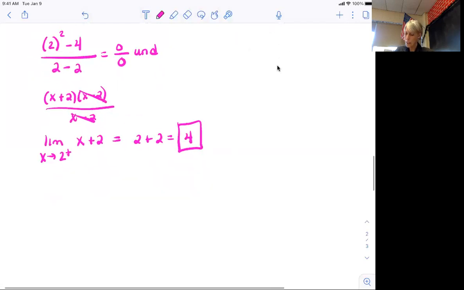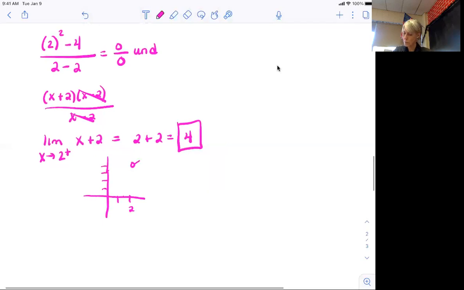So as I'm plugging in numbers, as x approaches 2, I'm not going to get an answer when I plug in 2. But if I plug in a number a tiny bit bigger than 2, my graph is going to go like that. What about less than 2? That's the example of our hole in our function.